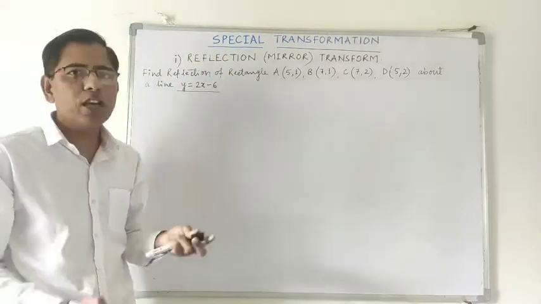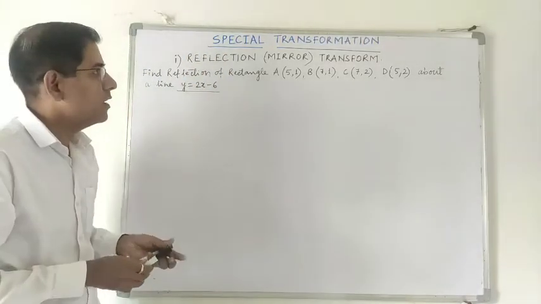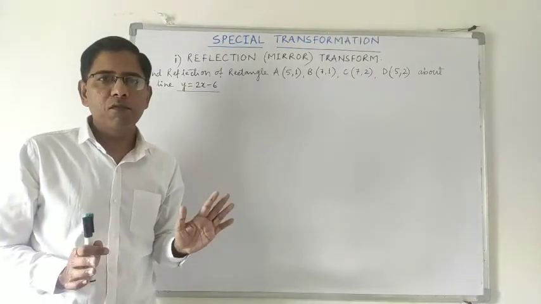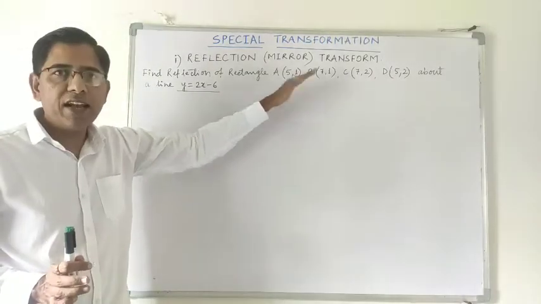So we need to find the reflection of this rectangle about the line y equal to 2x minus 6. Have you got the problem? Reflection of a rectangle about this line.